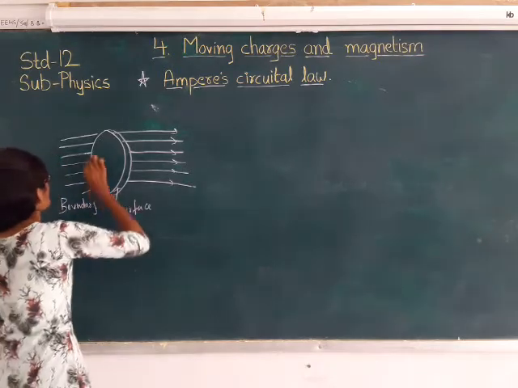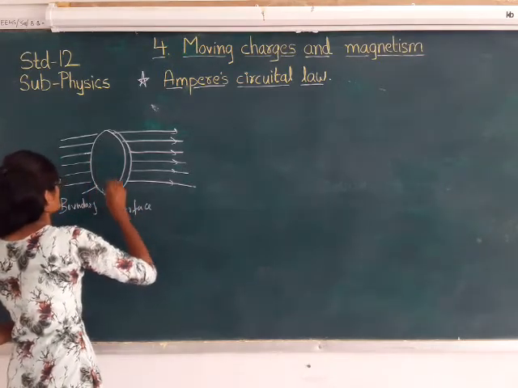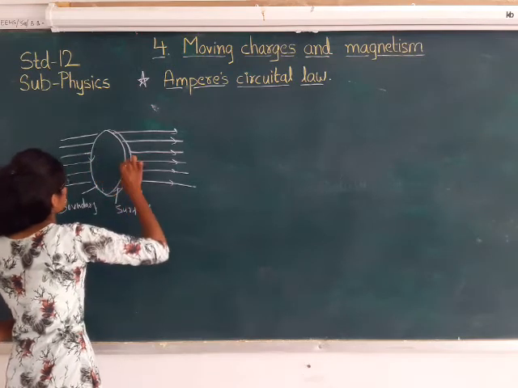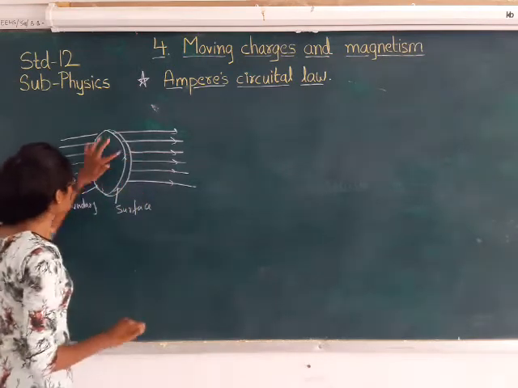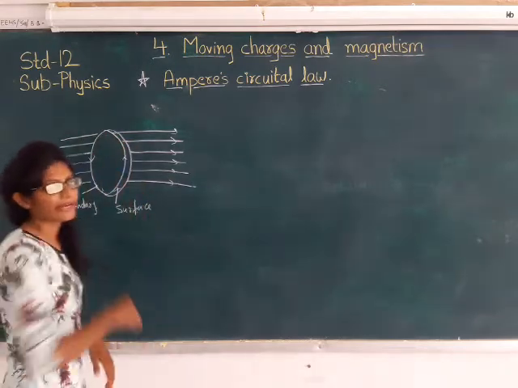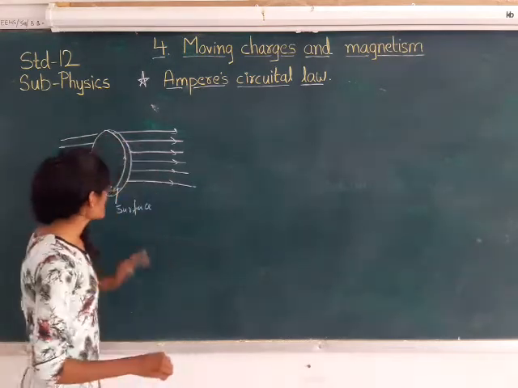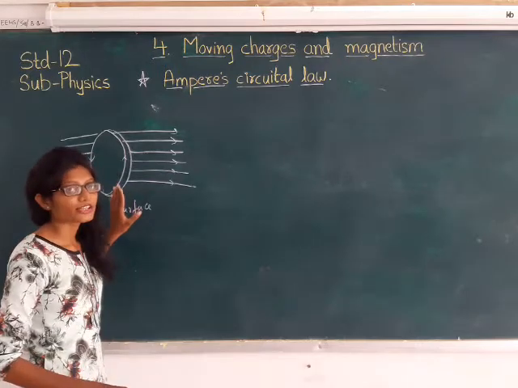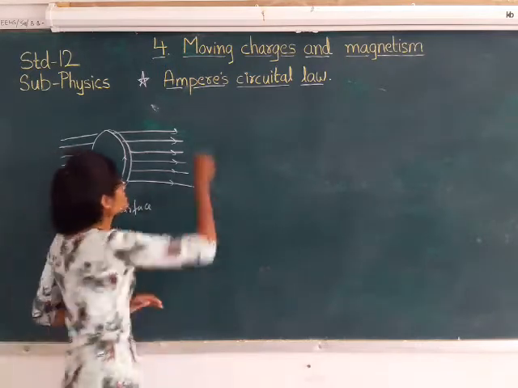So the magnetic field for this will be in the anti-clockwise direction, right? This is the surface and through this surface current is passing.